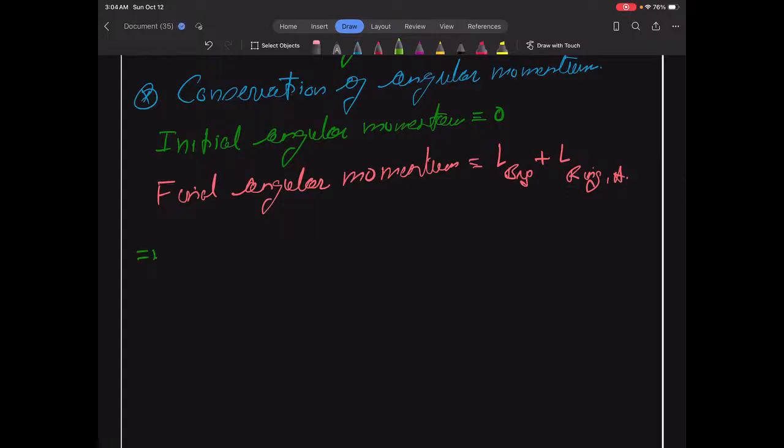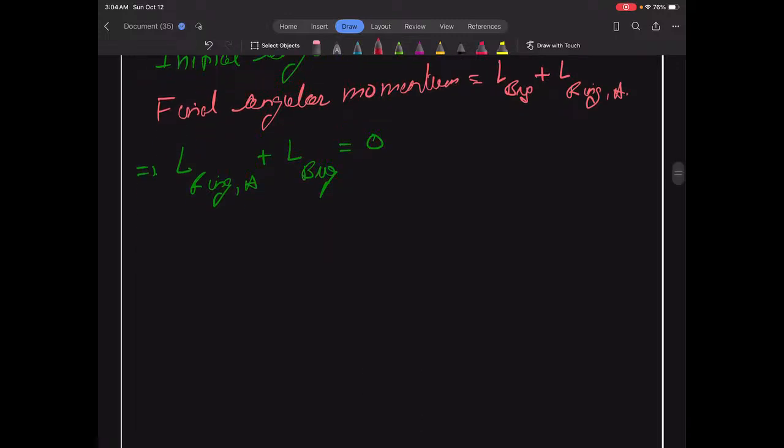By conservation we can say that the angular momentum of the ring about the pivot point A plus the angular momentum of our bug is equal to the initial angular momentum, which was equal to 0. Now we substitute.